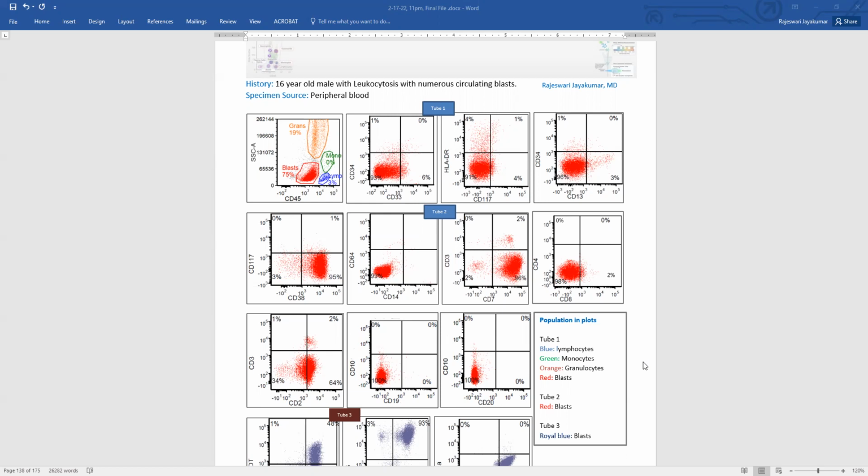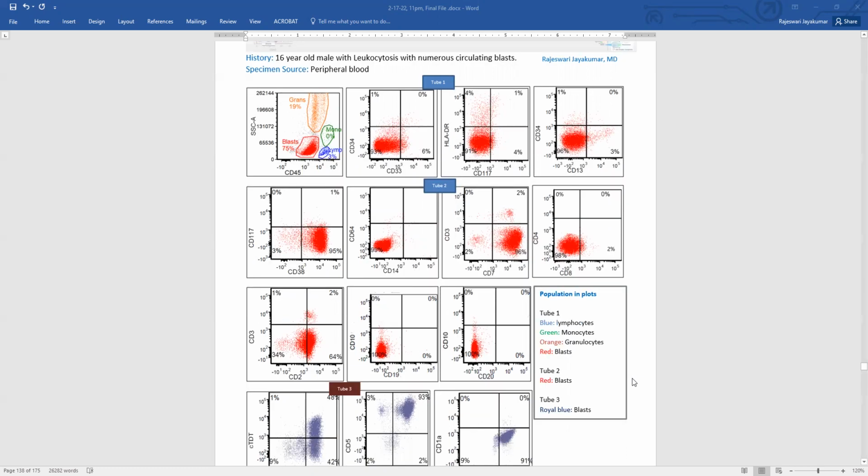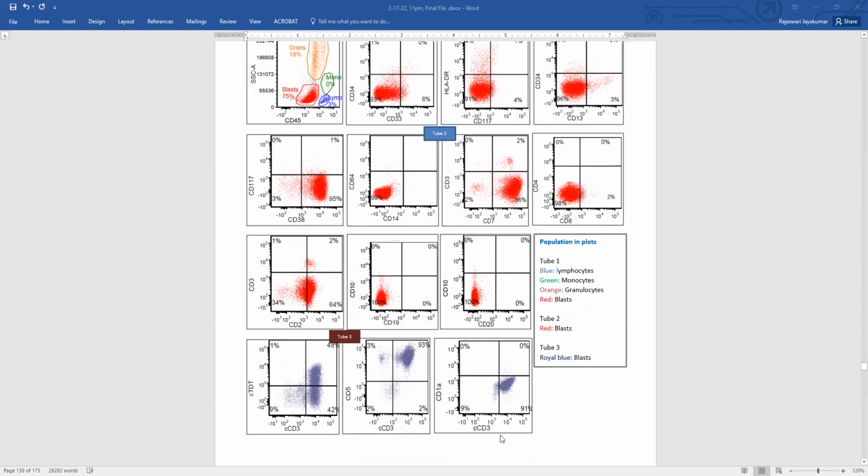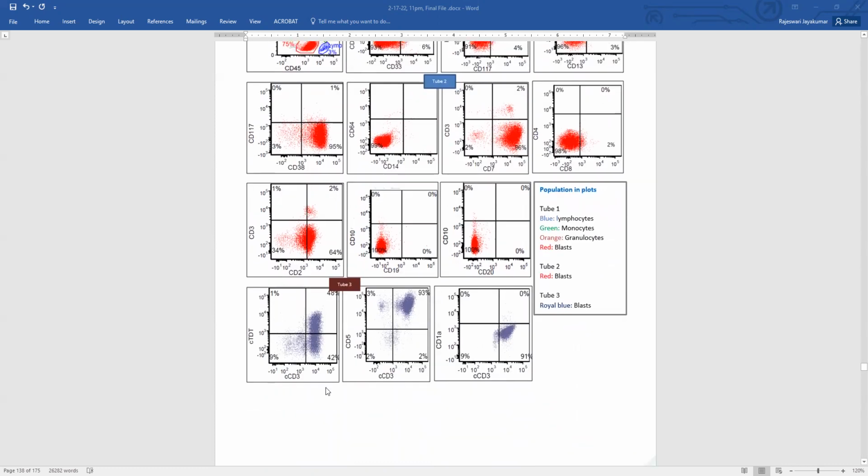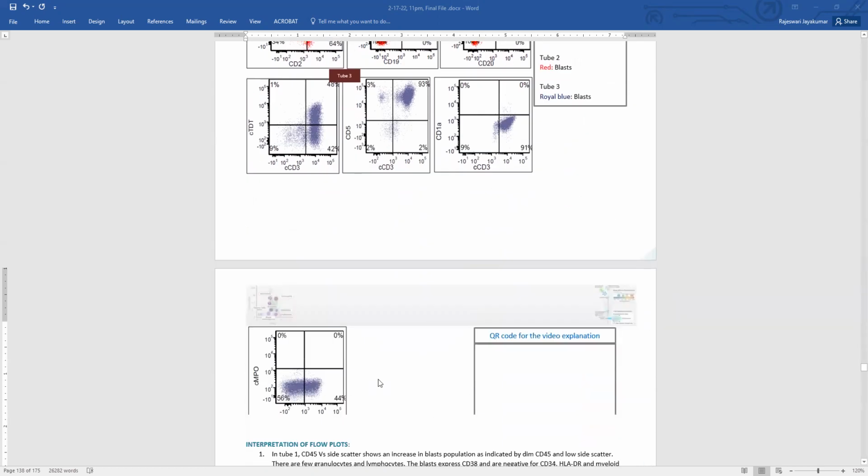Remember, if surface CD3 is negative, that does not eliminate a lymphoblast totally. So now we added our cytoplasmic tube, which has cytoplasmic CD3, TDT, CD5, CD1A, and also cytoplasmic MPO.